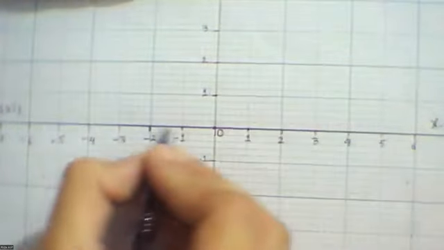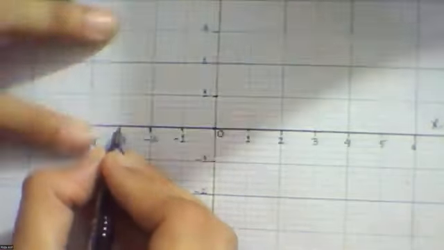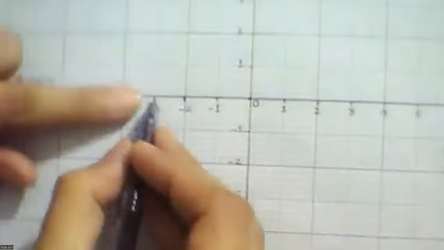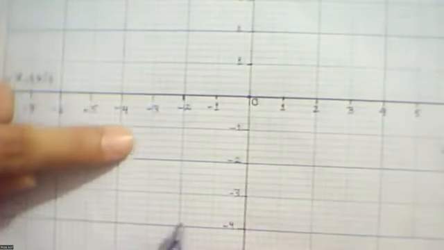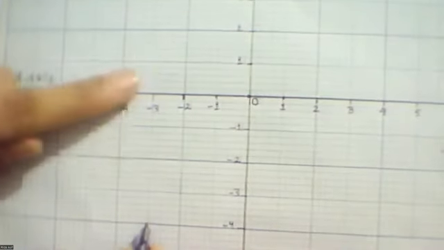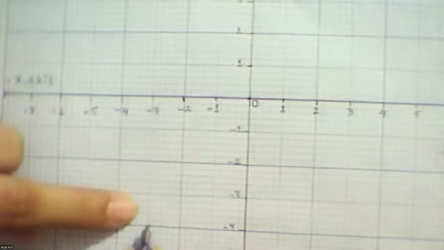Look at the x-axis. There is -3. And what about -4? -4 is written over here. So at this point where these two meet together, we get this point.